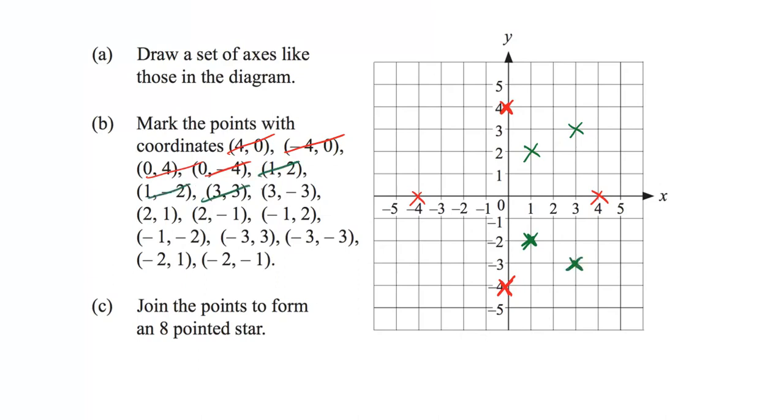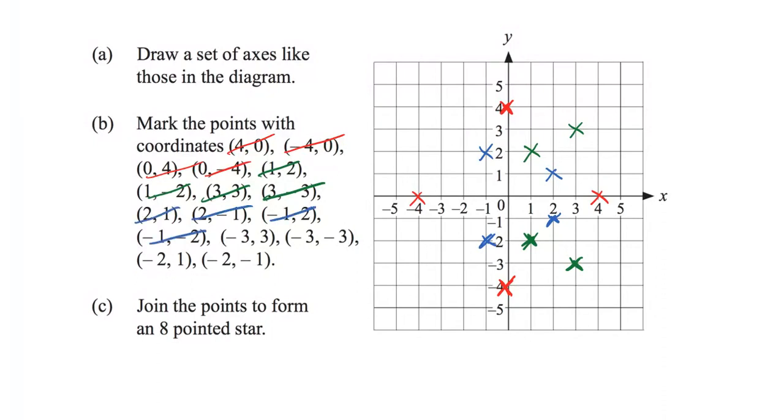So that takes care of those ones. Okay, let's move on and see if we can do those next ones. (2, 1) is going to be here. (2, -1) is going to be there. (-1, 2), -1 across, 2 up, is there. And (-1, -2) is down there. Okay, so we've done those ones.